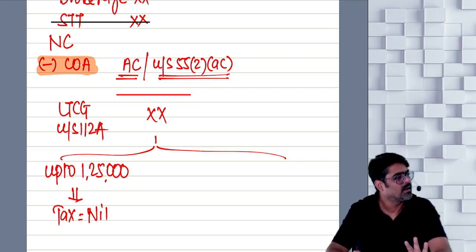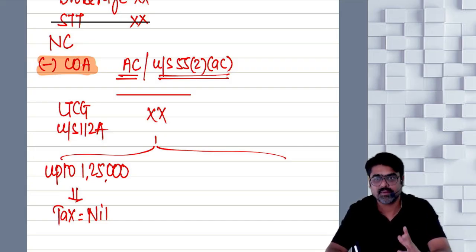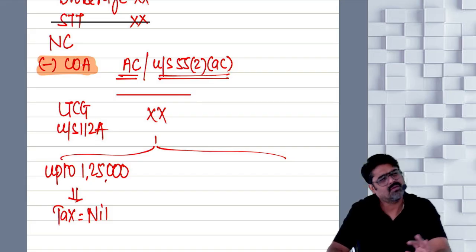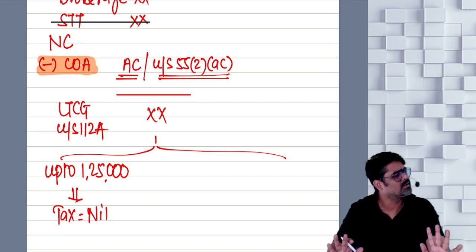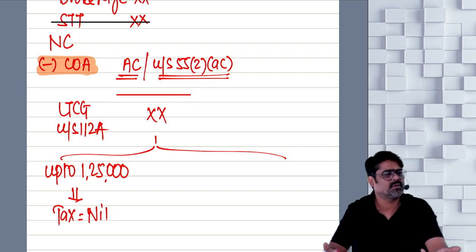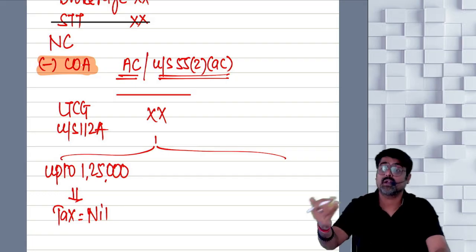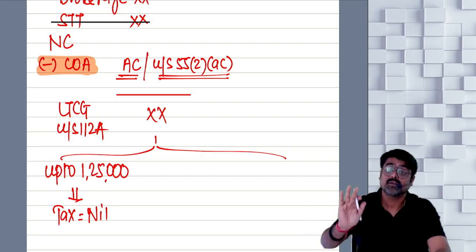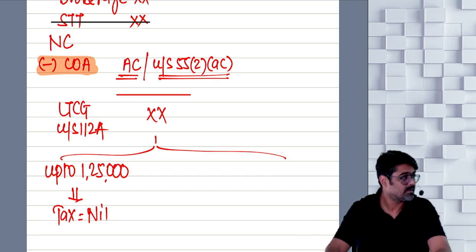Why? Because earlier this gain was exempt, and if we immediately start charging the gain fully, then people will start cursing us. So we are not charging tax on the entire gain. On the first 1,25,000 of gain, we are not charging any tax, and after that also we will charge at a very low rate.